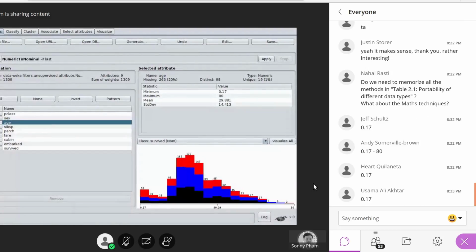So suppose that we have another attribute called maybe salary. I don't have it here, but what we would like to do is to scale it to 0 and 1. How can we do that?